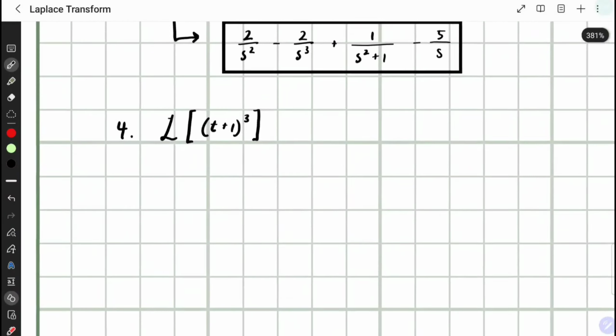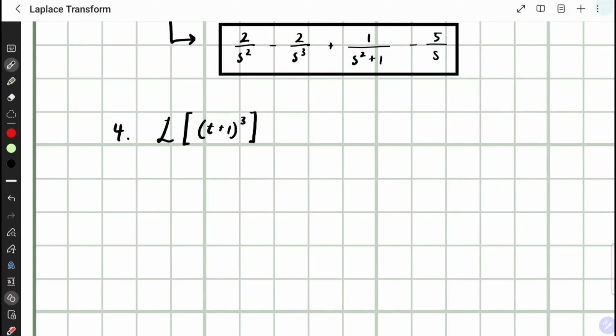Same thing here. The next question is t plus 1 cubed. We'll first have to just expand this to make it easier. t plus 1 cubed is the same thing as t plus 1, t plus 1, t plus 1.